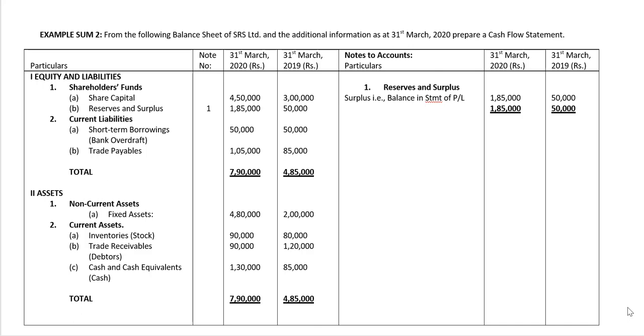To the left of the screen, we have the balance sheet. On the right, we have notes to accounts for the given balance sheet. Please go through the balance sheet as well as the notes to accounts.